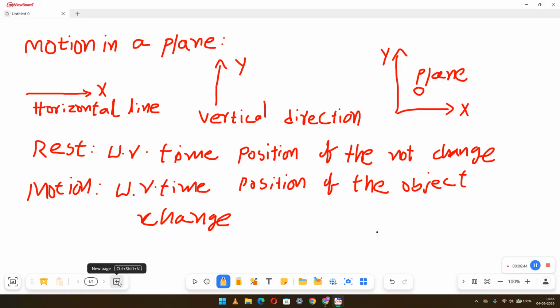Next one is the difference between distance and displacement.